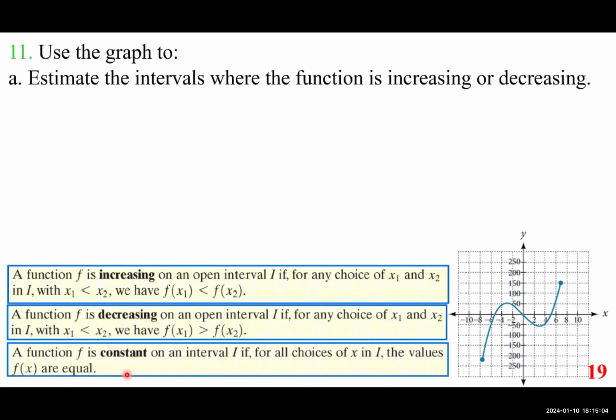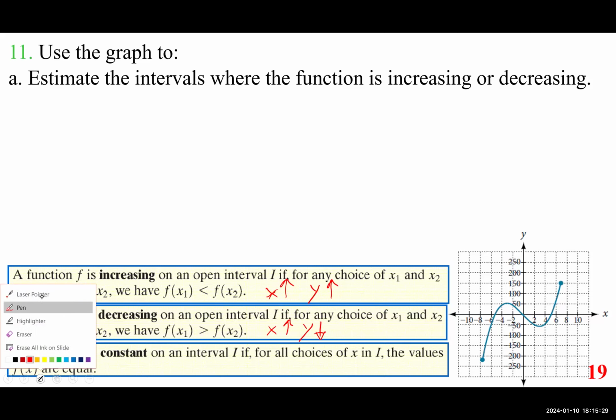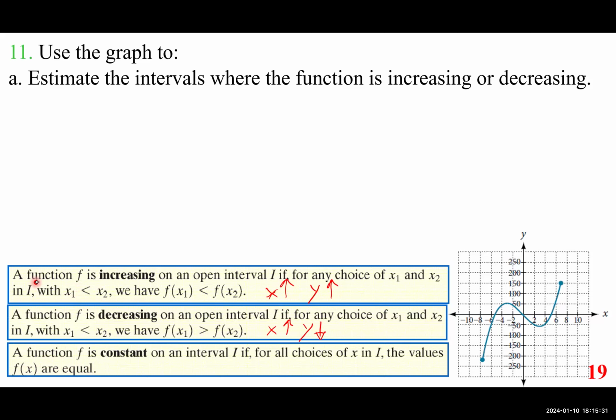A short version of this: for the first part, when the x value gets larger, so does the y value. If both of them get larger, that means increasing. On the other hand, if x gets larger but y gets smaller, that means it must be decreasing. It's that simple.